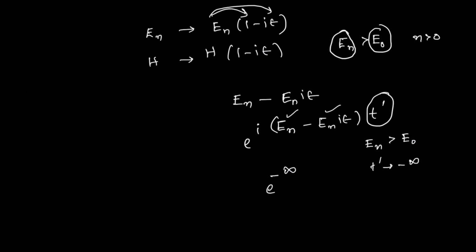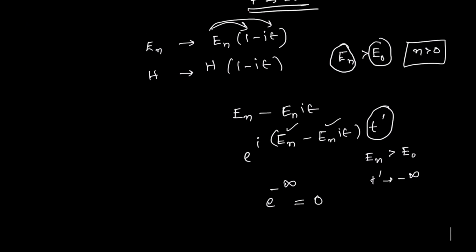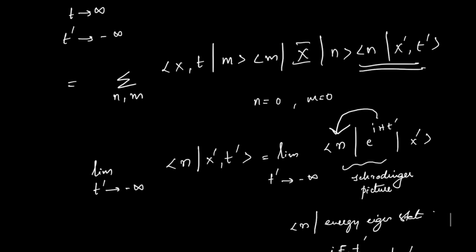So e to the power minus infinity means this is 0. So for any n greater than 0, other than the ground state, this will go to 0.